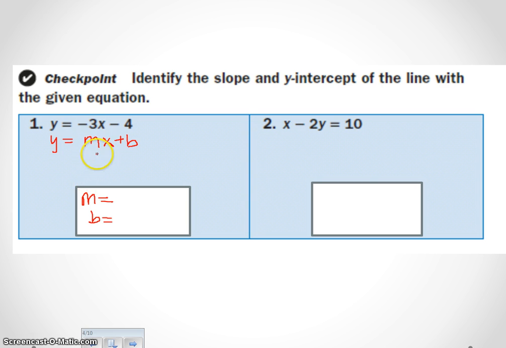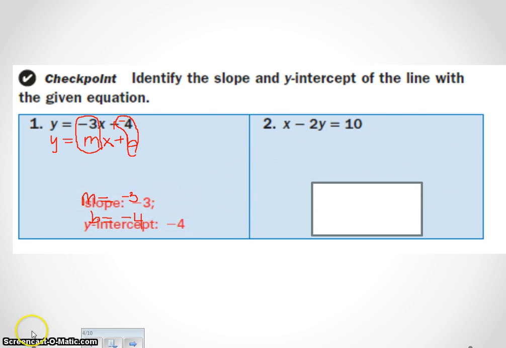And now what you could do is just look to see which one's m. M is negative 3. Look to see which one's b. Well, be careful because you had a subtracting 4, so add a negative, so this should be negative 4 is b. And there's your answer.